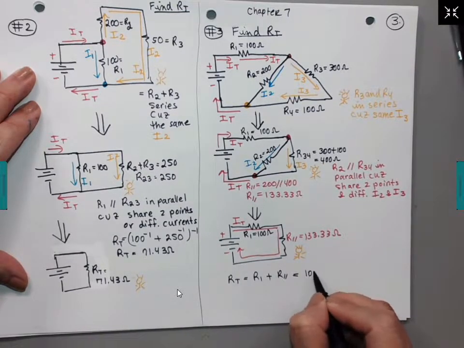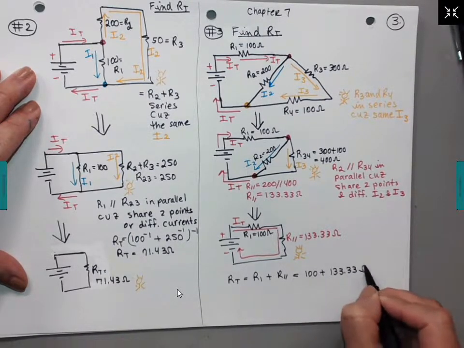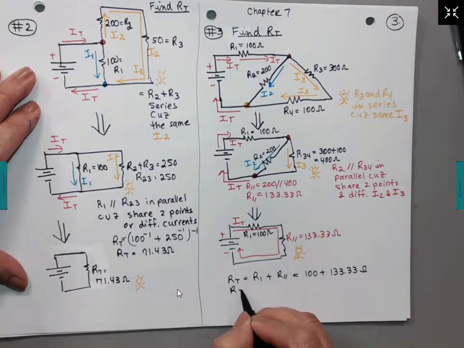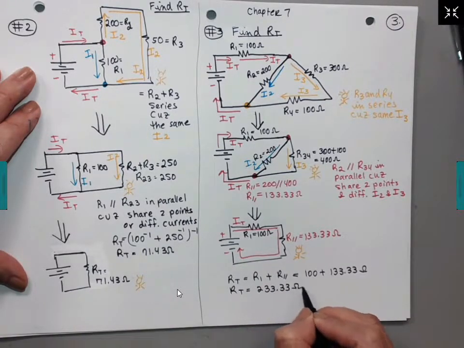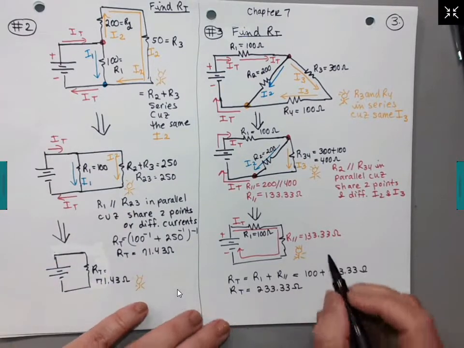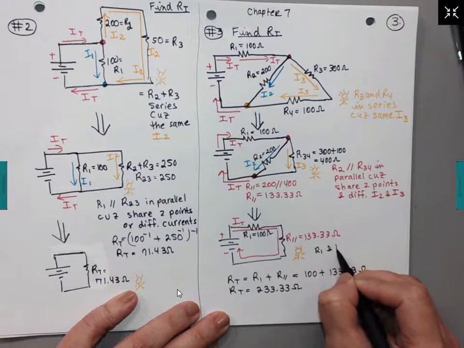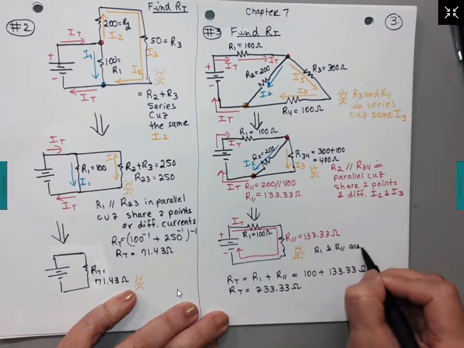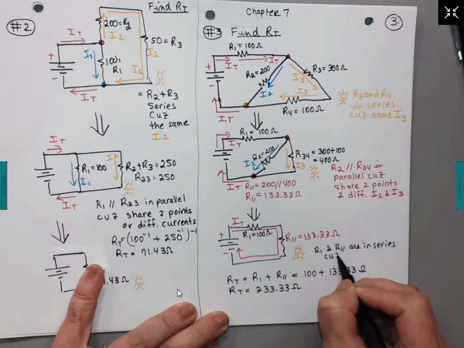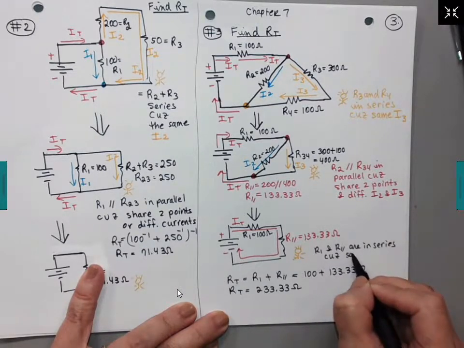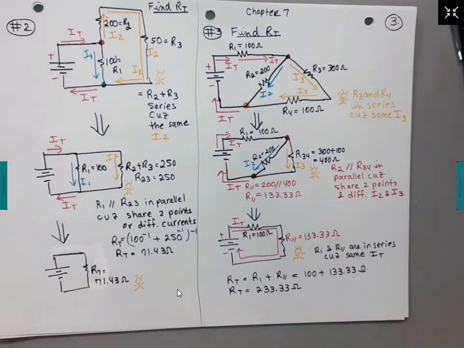R1 is 100 plus 133.33 ohms is equal to 233.33. Why are they in series? Because R1 and R parallel are in series, because they have the same current. And I'm abbreviating a lot here, okay?